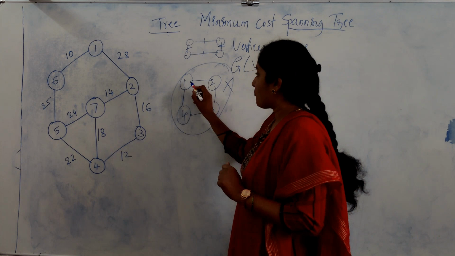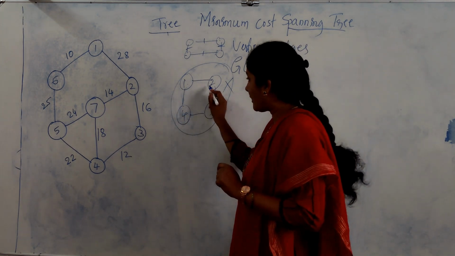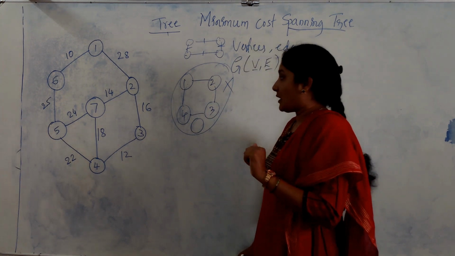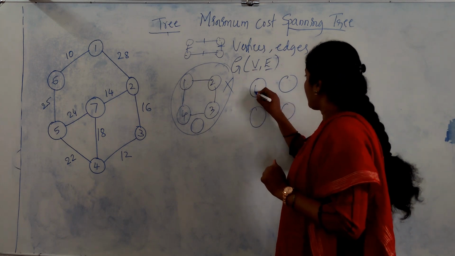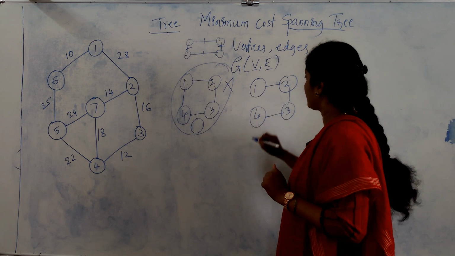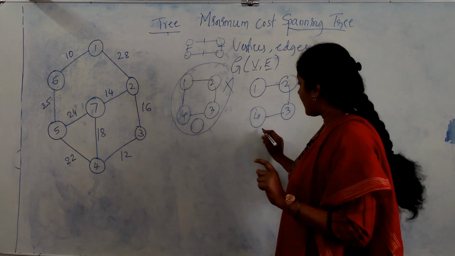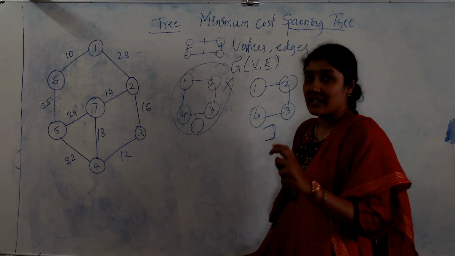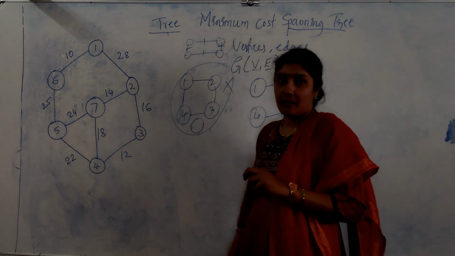Why? Because they make a closed loop here. Okay, so then what is a spanning tree? Okay, so this we can call a spanning tree. Why? Because there is no closed loop or closed circuit. Okay, so this is the meaning of spanning tree.